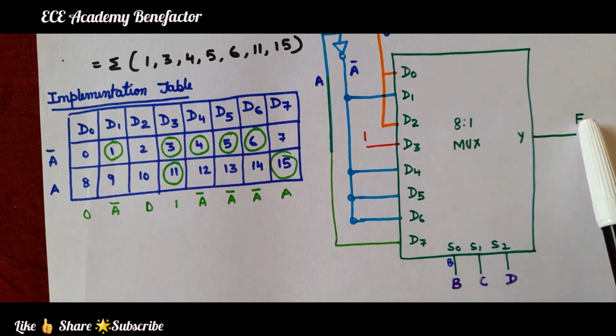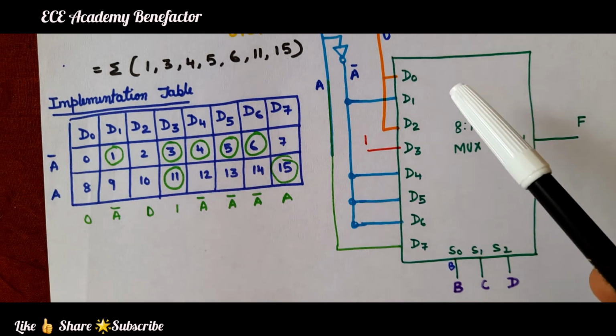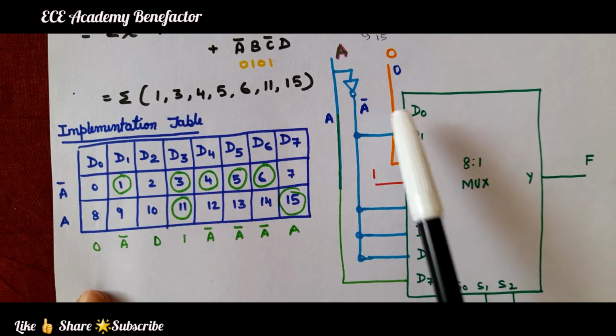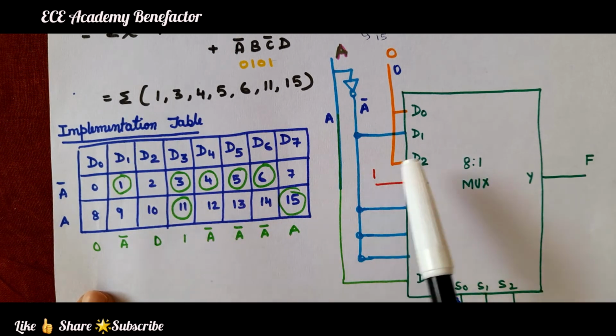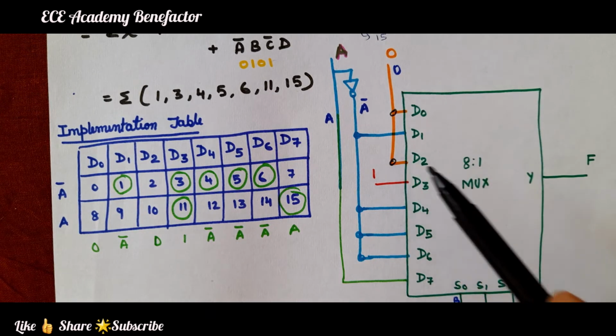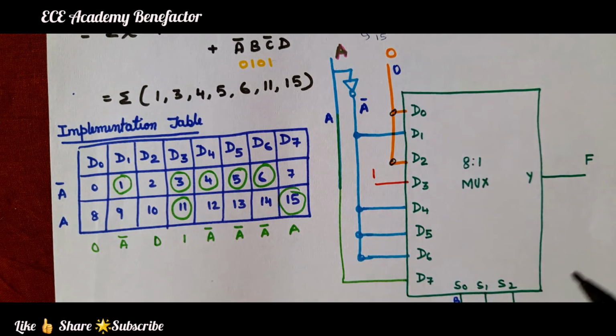The output is function f. Now where is D0 connected? D0 is connected to 0 and D2 is connected to 0. So here D0 and D2 are connected to the 0 input.